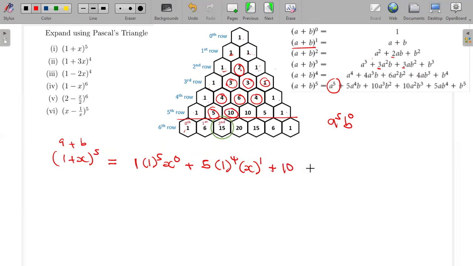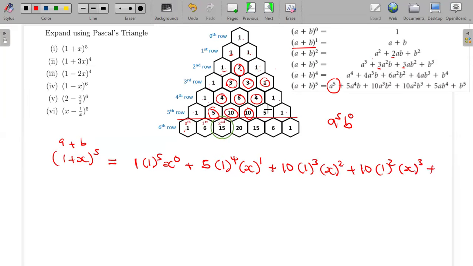So 10 is the coefficient, and then you have 1 to the power, so it reduces now to 3, and then you have x to the power 2. And then next you have a 10 again, the coefficient, and then 1 to the power, so this reduces from 3 to 2, and then the other one is going to increase to 3.